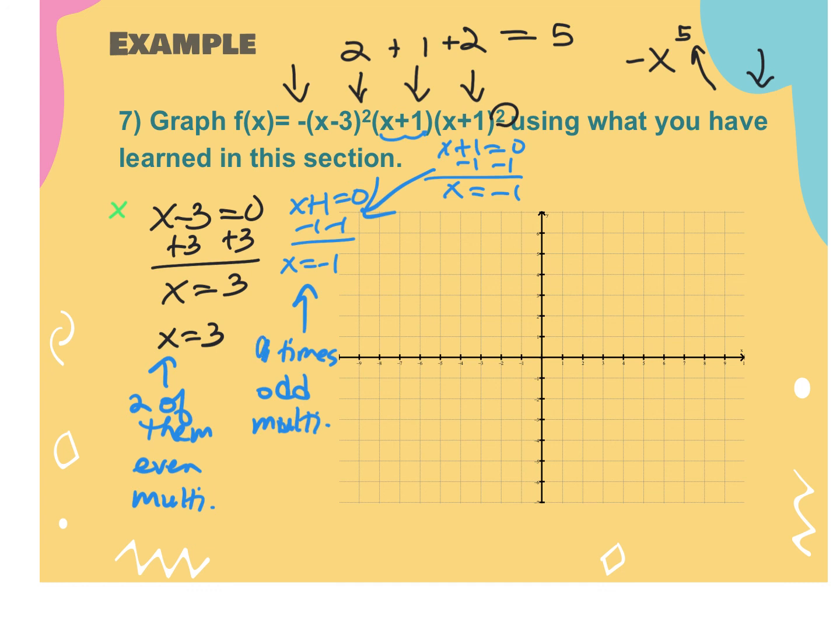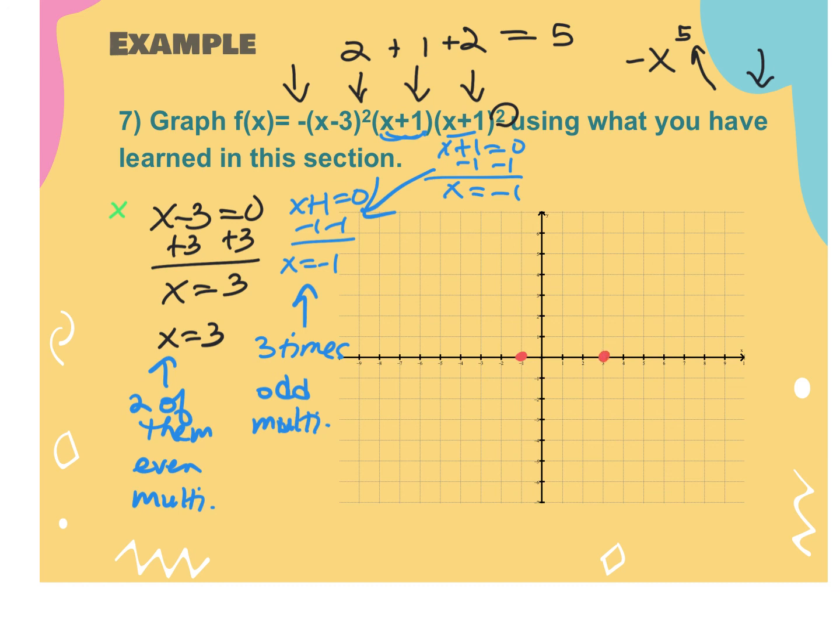Let me fix this. Because notice it's x plus 1, x plus 1. So 3 times is still odd, so it's going to cross there. So I'm going to add the zeros. And then I also have one at positive 3.